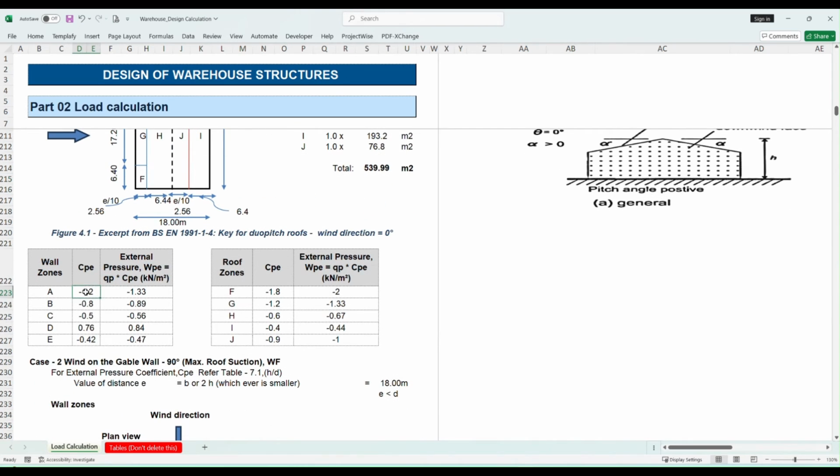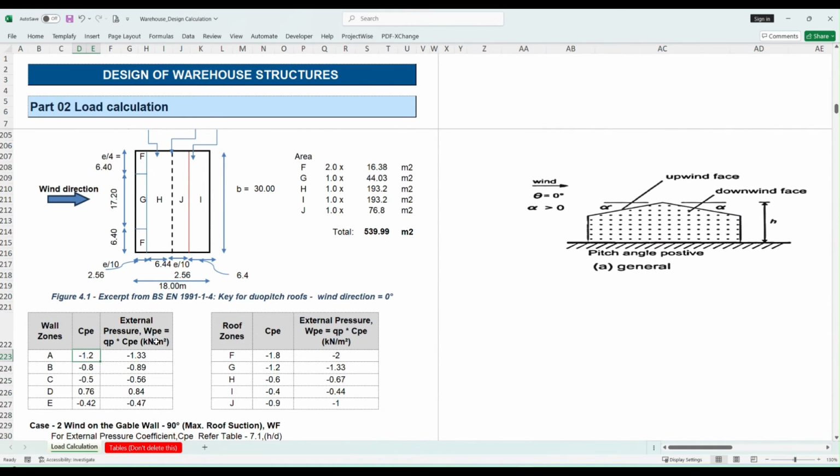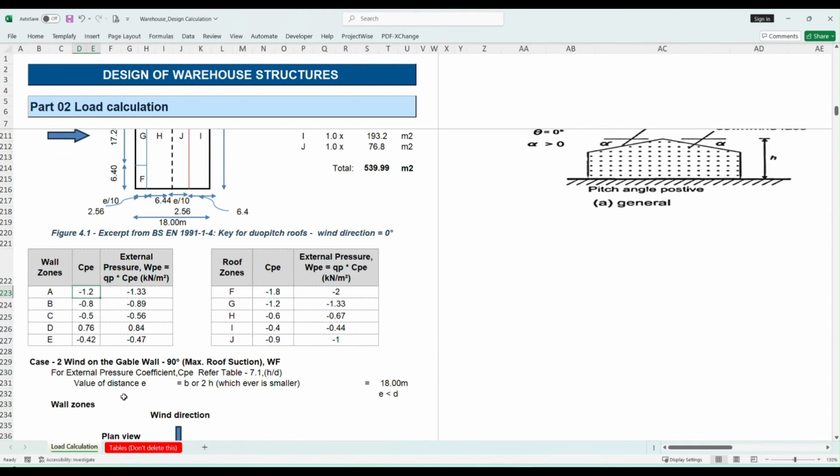Accordingly these values are extracted from that table. For A zone it is subjected to 1.2, 0.8, 0.5, 0.46.